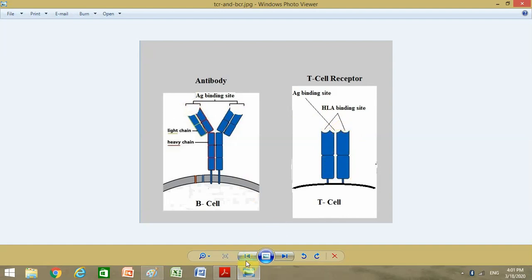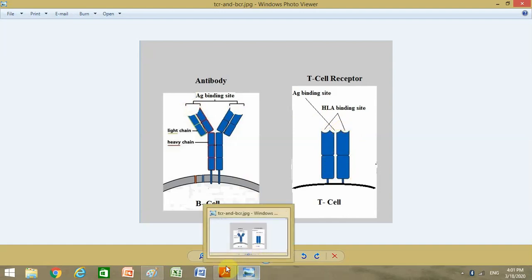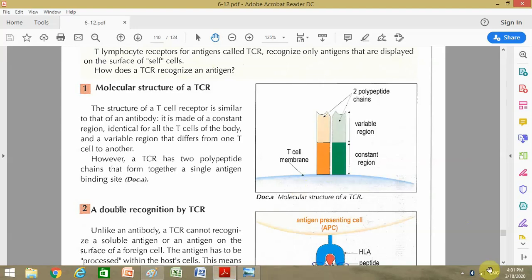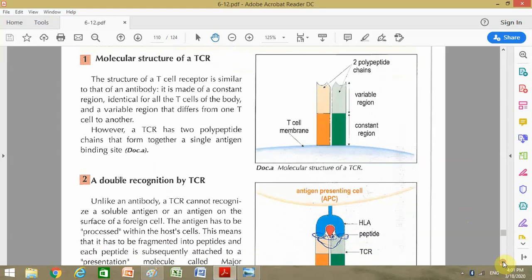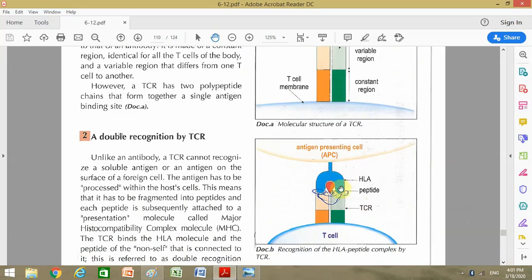For a T cell to be activated, it should bind to an antigen which is presented to it by HLA proteins. So the HLA proteins present this antigen to the T cell in order to bind to it. Thus, T cells can never bind to this antigen alone unless it is presented to it by HLA proteins.